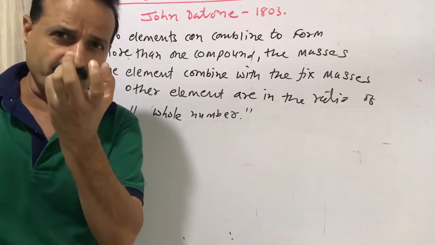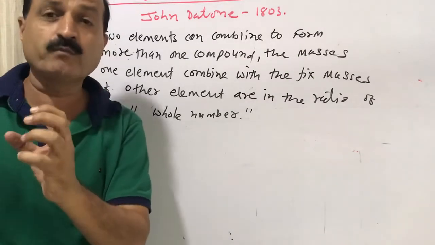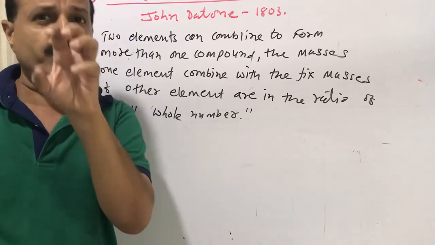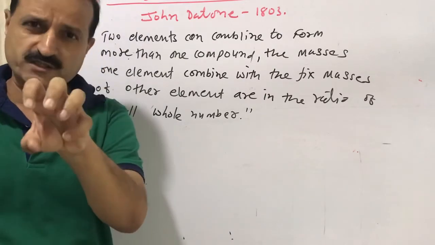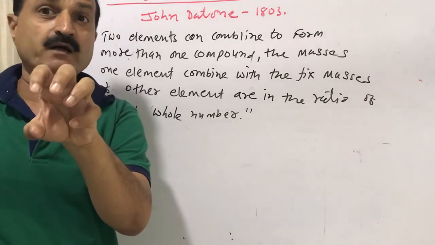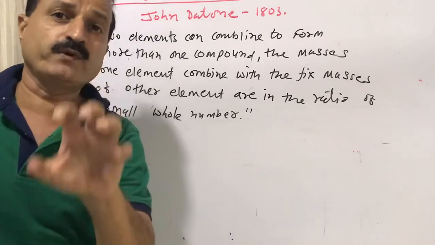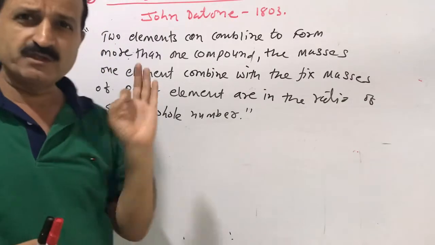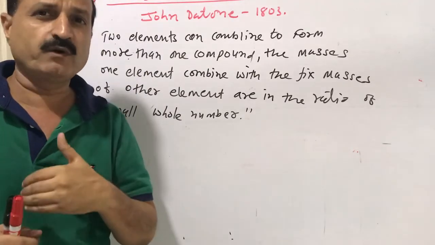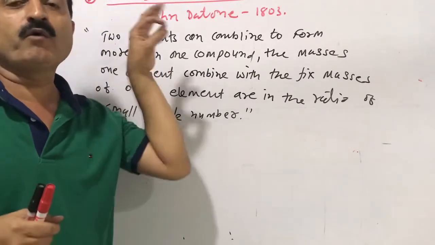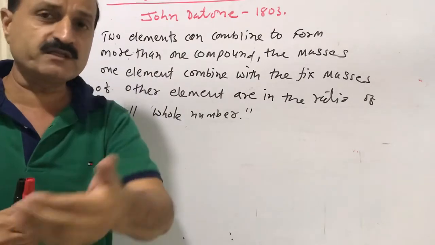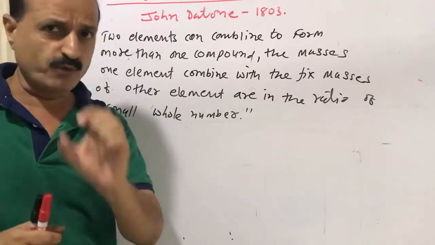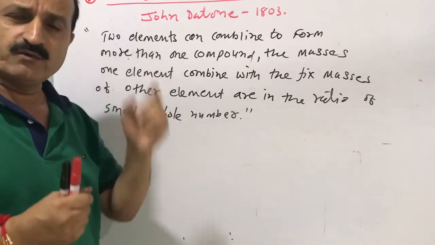The mass of one element is fixed, while the other element's mass is different. Very short explanation of this law. You write down this law in your textbook, because the video lecture will go forward and this law will not be written when I am discussing. So you note down this law in your textbook. Then pause my video and write down this law.